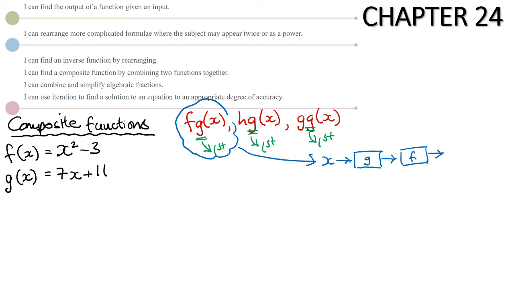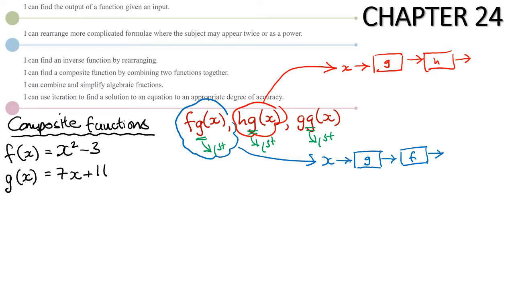If I was doing this one, for example, then again we would start with function g, because that's the one that's closest to x. You always start with that one first. Then what comes out of g then goes into h, and then we get our output.